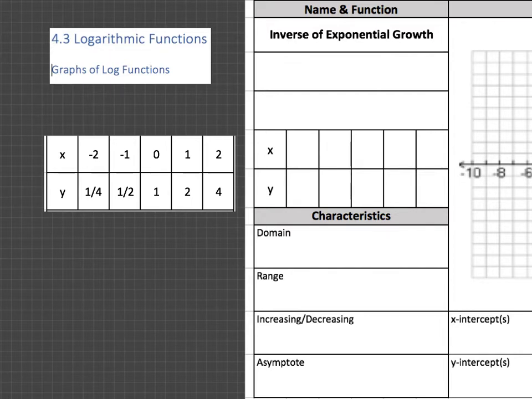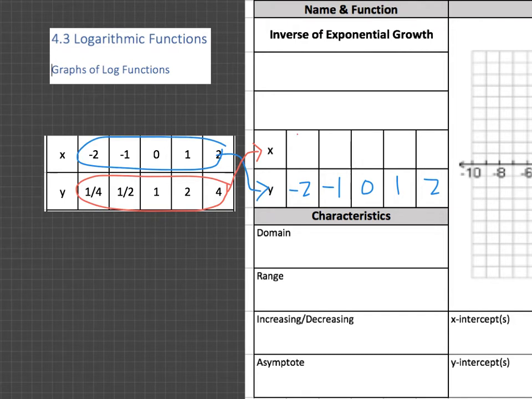So that means that all of these x values we're going to put in for y values. So we're going to put y is -2, -1, 0, 1, and 2, and then those are going to correspond to x values that are the y values of the function.